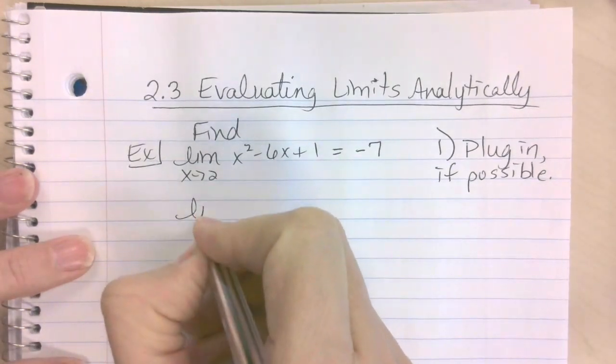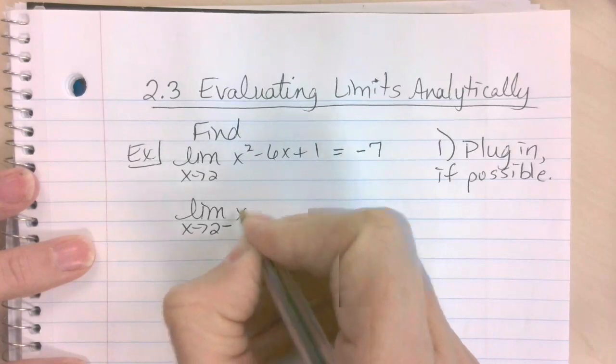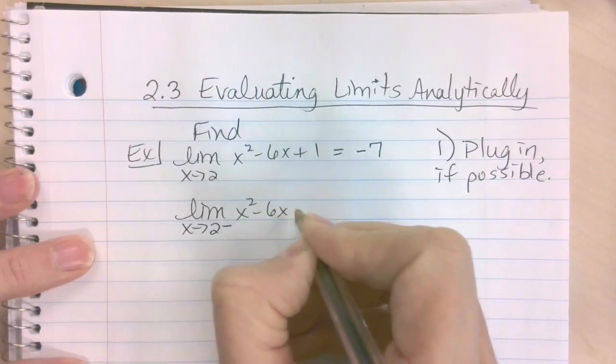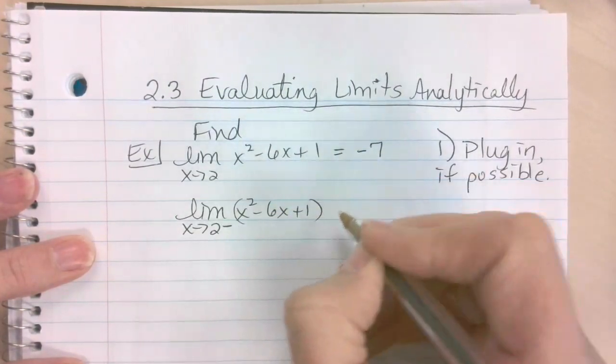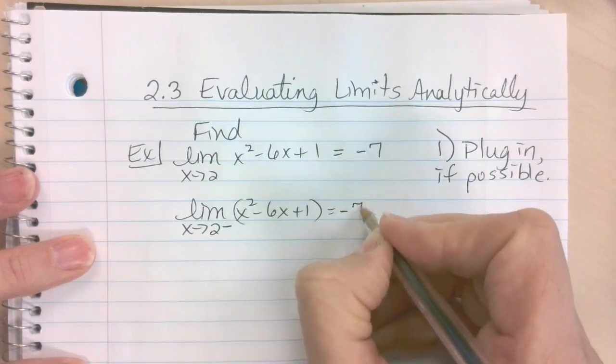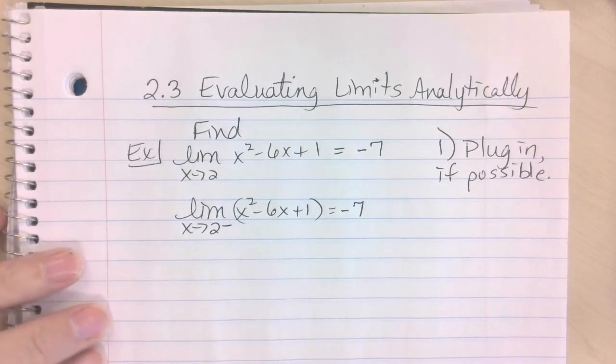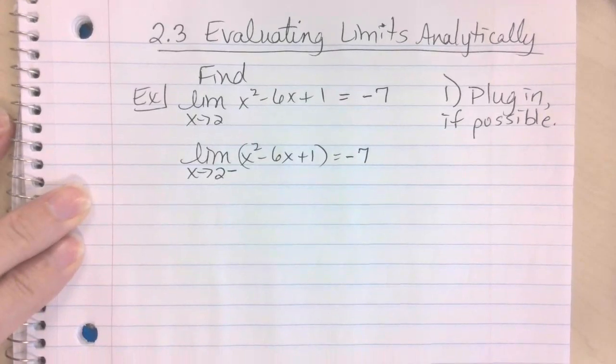Even if I ask you to find the limit as x approaches 2 from the left or the right of x squared minus 6x plus 1, it is still negative 7. The left and the right limits would actually agree there, and it would be just an easy plug and chug.